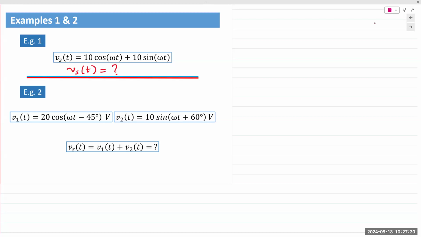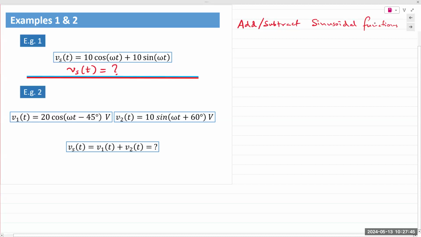If you wish to add or subtract sinusoidal waveforms or sinusoidal functions, the frequencies must be the same. If the frequencies are not the same, we cannot add or subtract them. Okay? The frequencies have to be the same.